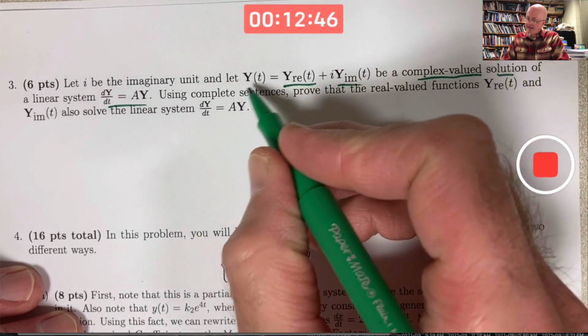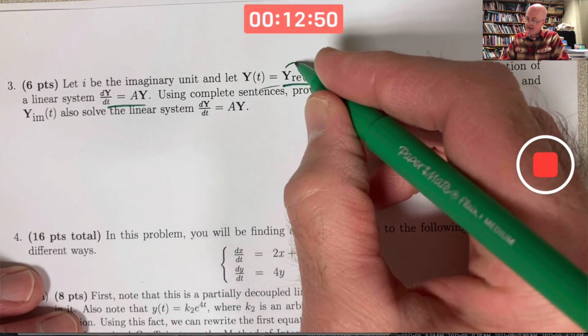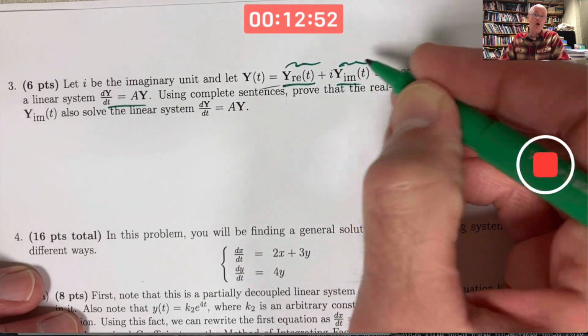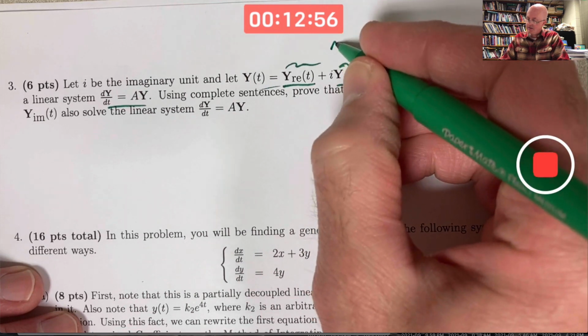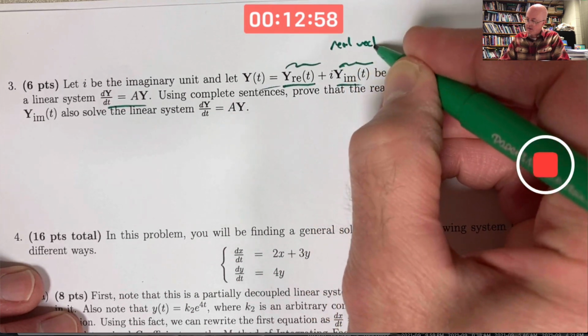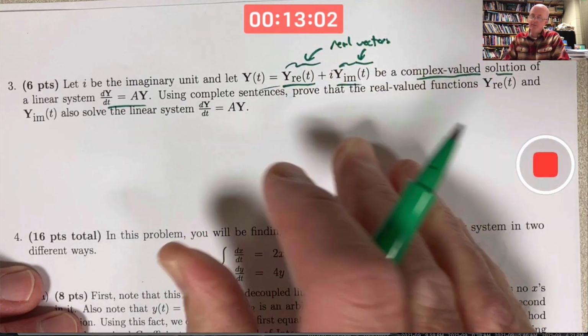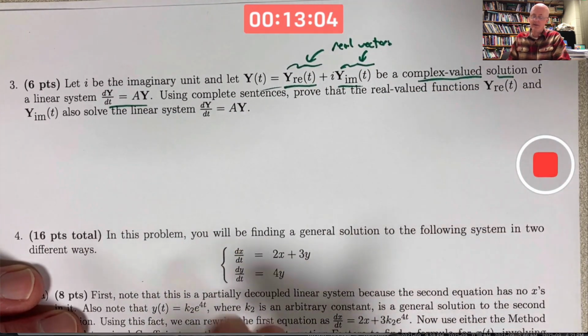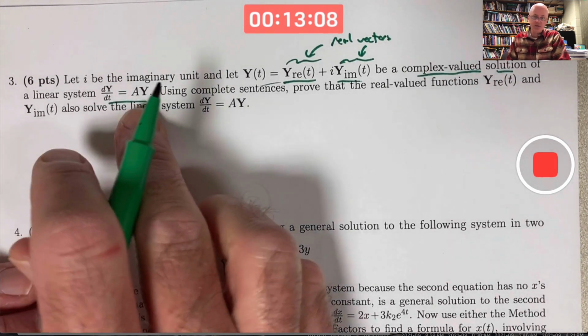But when I make this kind of assumption, it's implicit, it's assumed that this thing and this thing, in fact, are real valued functions. They are real vectors. These are real vectors here. The imaginary unit comes in there to make this thing overall a complex valued vector. And yes, you can have complex solutions of linear systems.